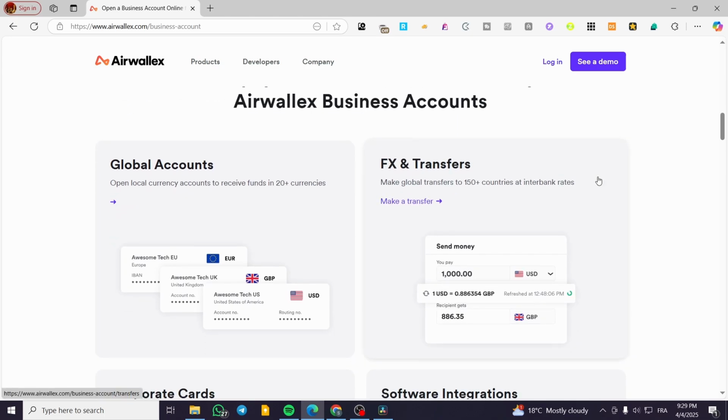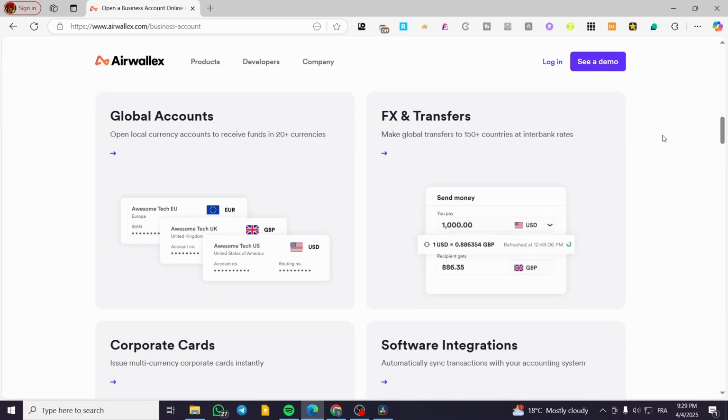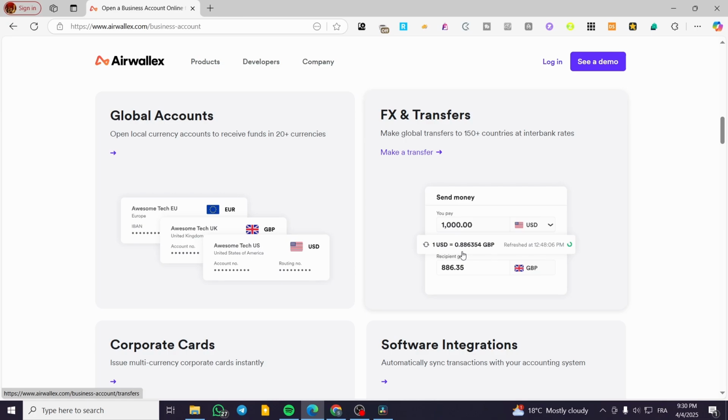Now, the last con that the reviews have noticed about Airwallex is going to be the fees for some services like Swift transfers. That means if you're sending to a person who does not have Airwallex, you're going to put in the Swift code of their bank account, and you're going to pay some fees.